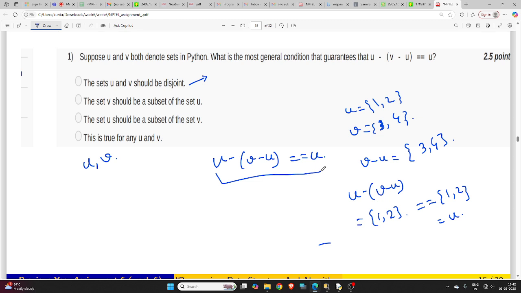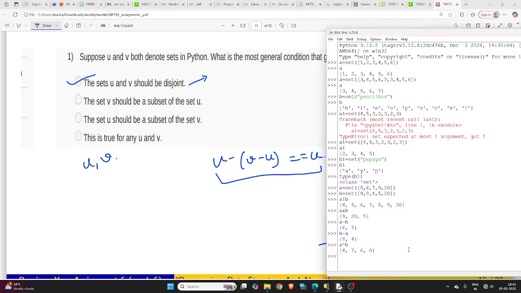So this condition is satisfied. For this case, the sets U and V should be disjoint, and it is true for every big or small set. So maybe we can have a little bit more calculation.